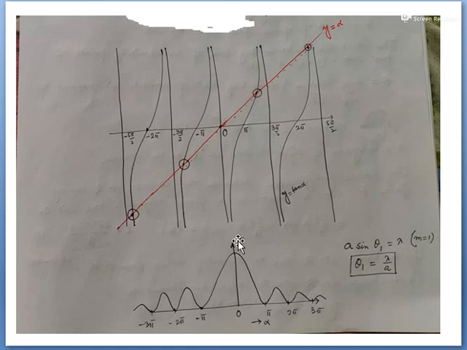These are the curves of tan alpha, and these are the points of intersection, which give the points of maxima. The distribution of the intensity pattern is such that this is the central maxima, which is the maximum, I0, and the secondary maxima are distributed in this way on either side of the principal maxima. The points where alpha equals m pi represent the positions of the minima.